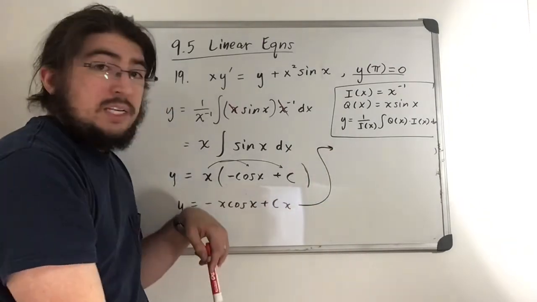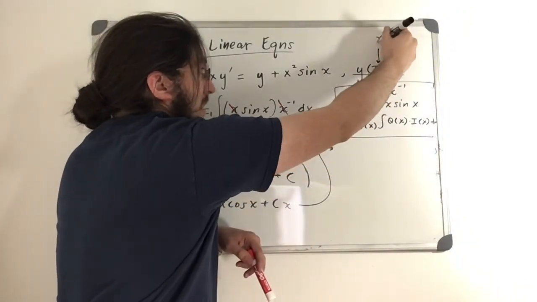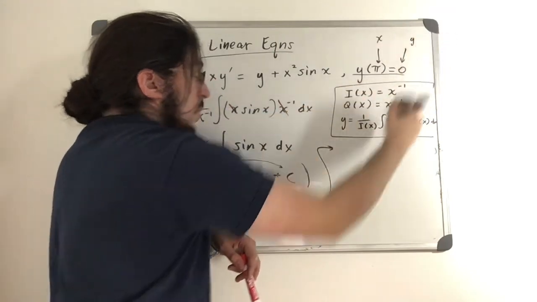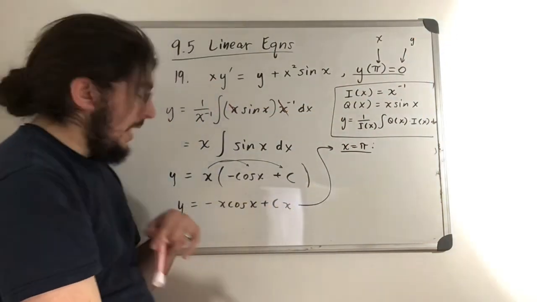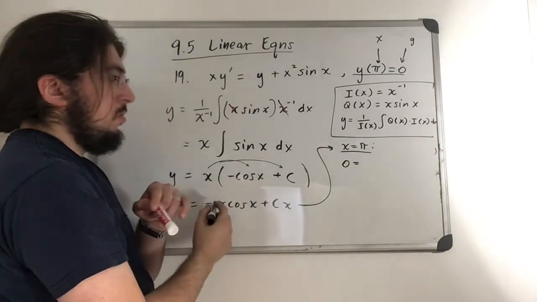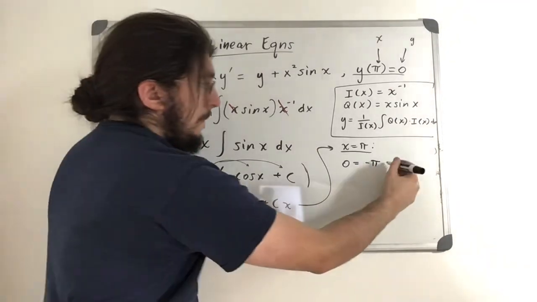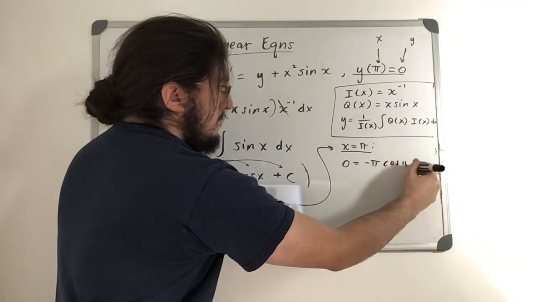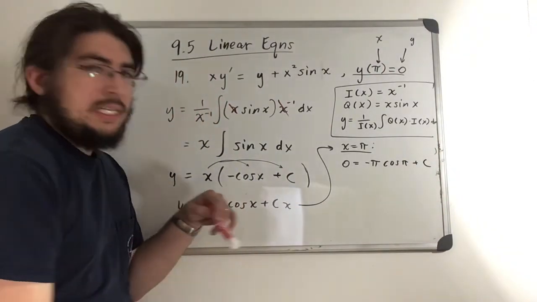Apply our initial condition, y of pi is equal to 0. Well, remember, that's x is pi, and that'll give us y is 0. So when x is equal to pi, what do we get? We get y of pi, which is 0, is equal to negative pi times cosine of pi plus c times pi.